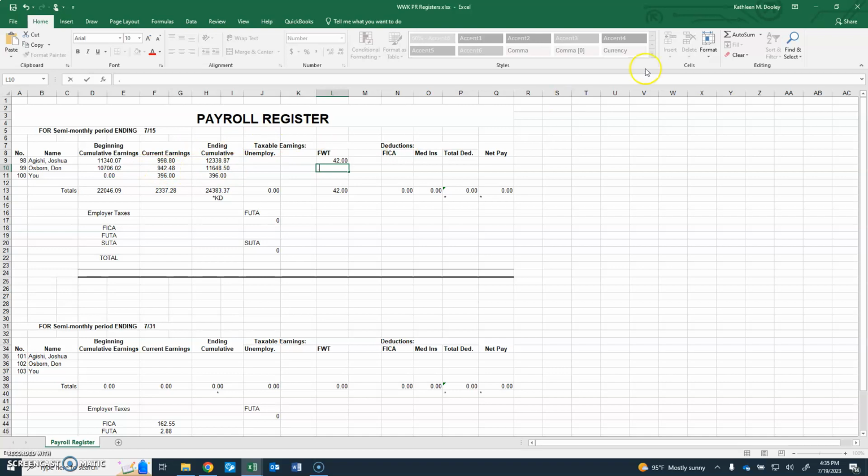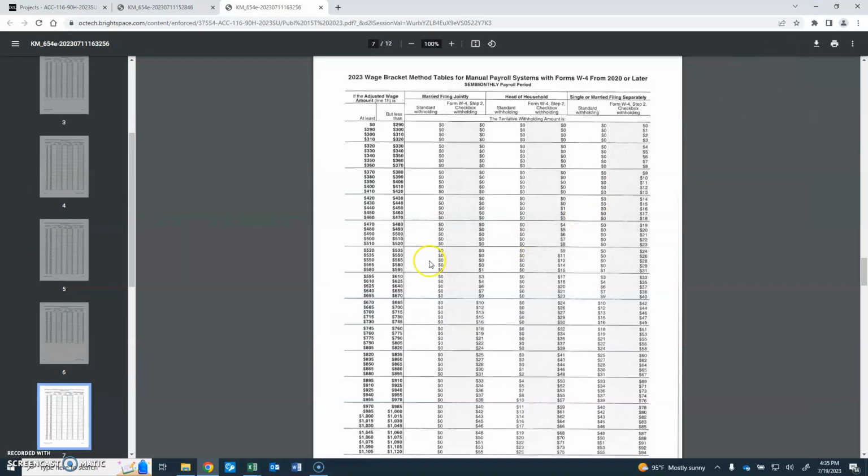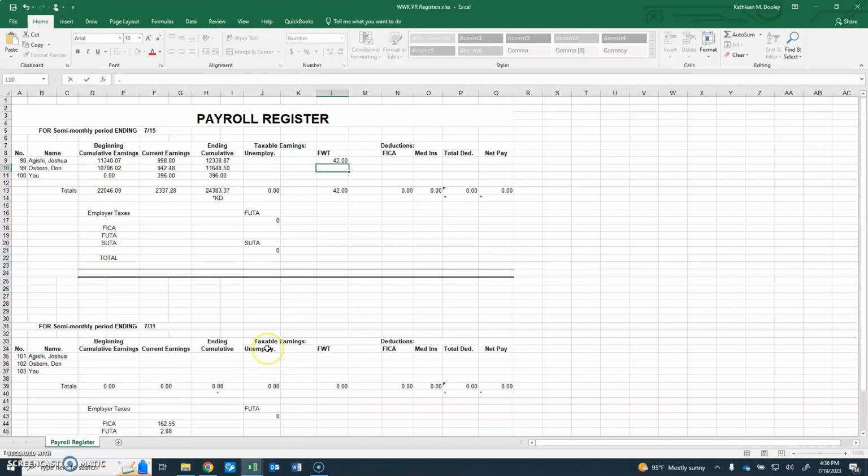So let's take a look at Don. His is $942.48. So we look at least $940, but less than $955. We go all the way across, and that is $37. So he's $37.